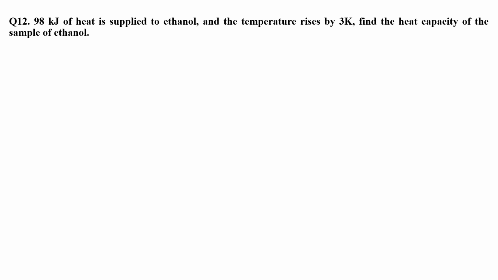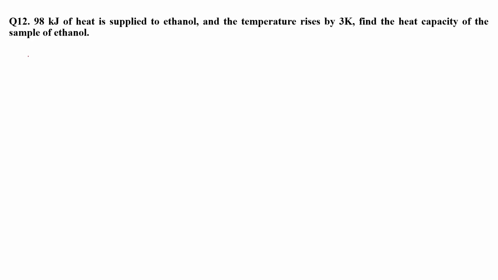Problem number 12 says 98 kilojoule of heat is supplied to ethanol and the temperature rises by 3 Kelvin. Find the heat capacity of the sample of ethanol. So, what is the definition of heat capacity?